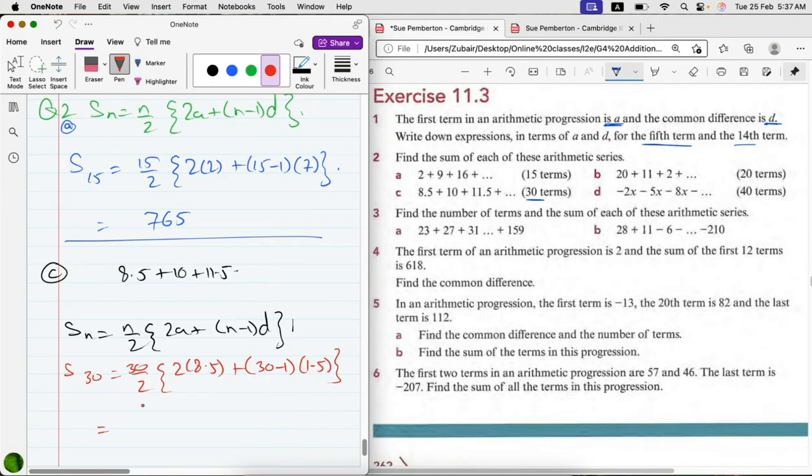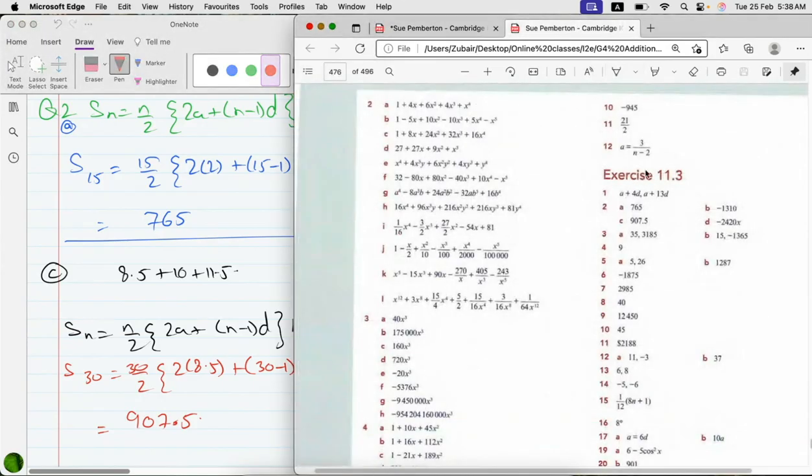I'm using a calculator. I'm getting 907.5. So 11.3, question 2C, is 907.5.